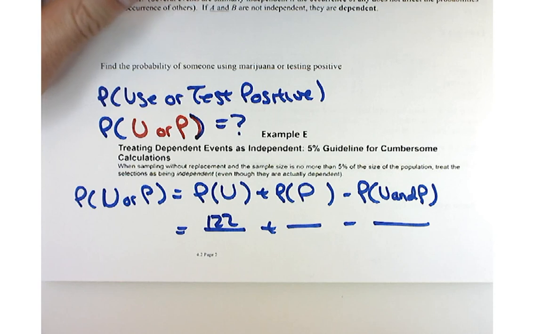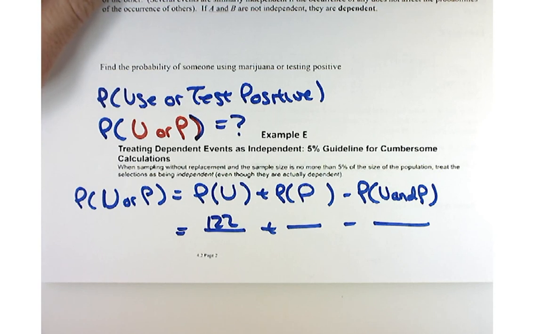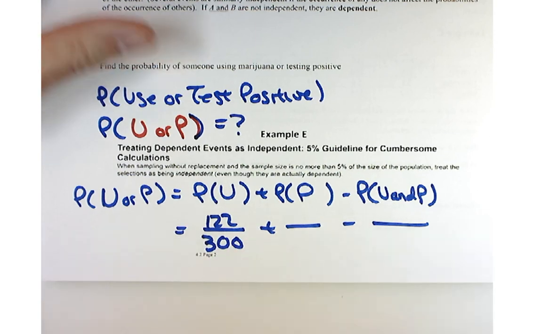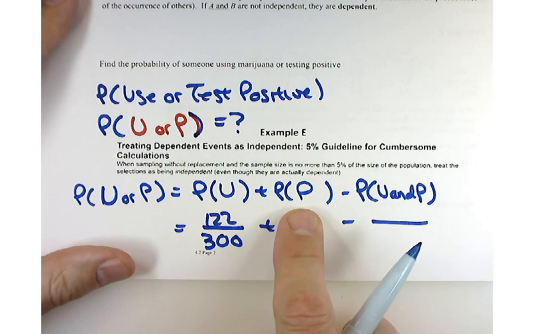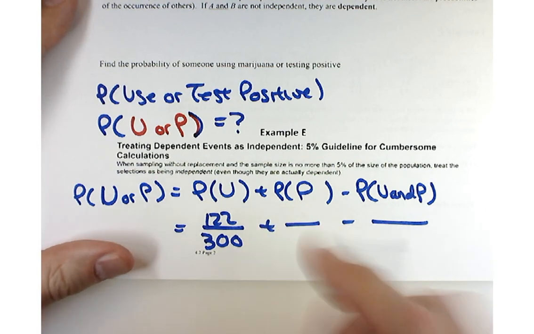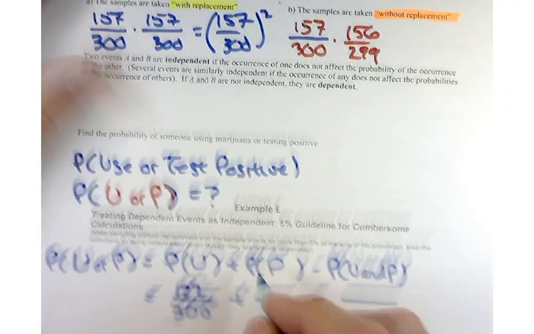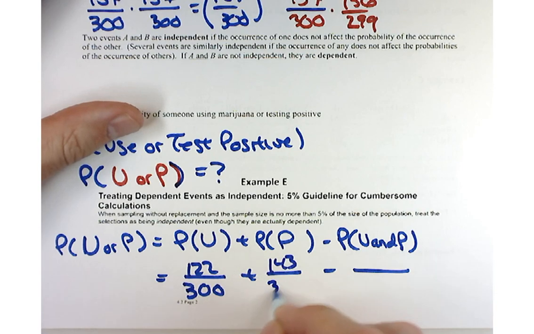All right, hopefully you don't just put 122 though, right? How many people in the table? 300, good. Rain, how about what's the probability of testing positive? 143 over 300. Yeah, 143 over 300.